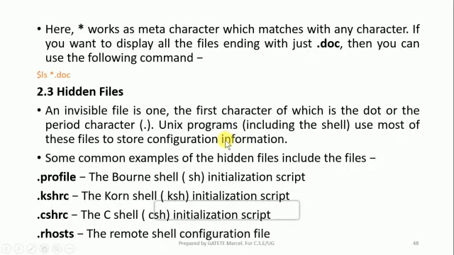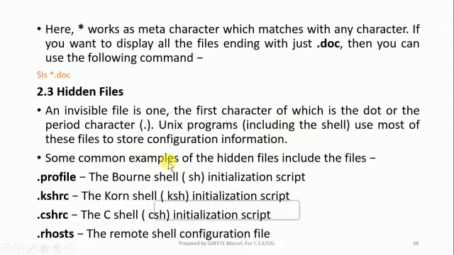Configuration information means that you want to configure your operating system so that it behaves in the manner you want. So the file which will be used for this configuration has to be hidden, because someone can come and then delete or modify them. So you hide them.